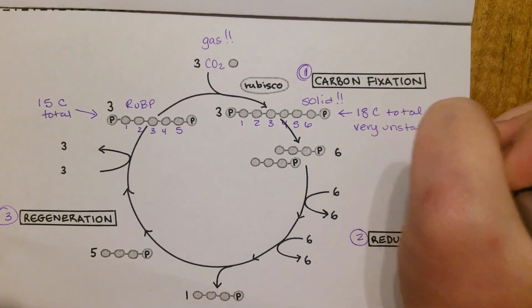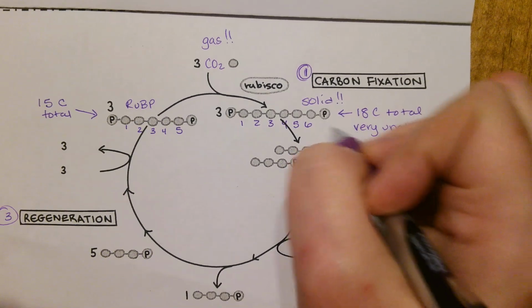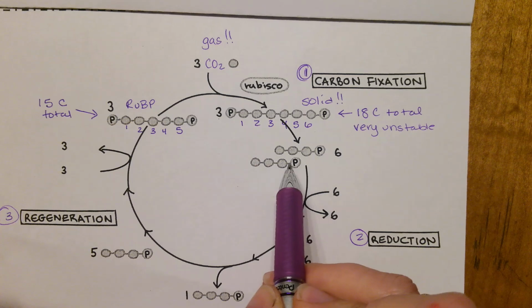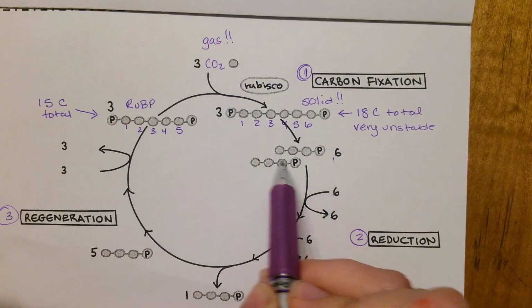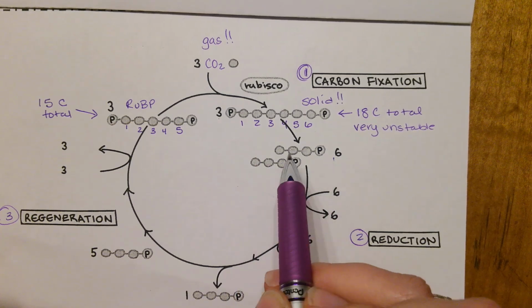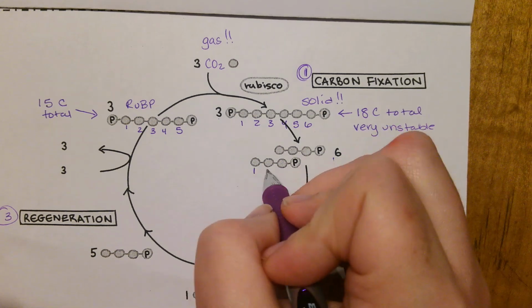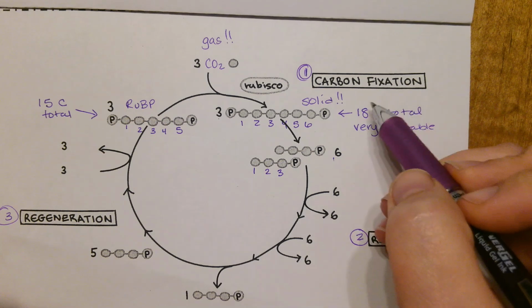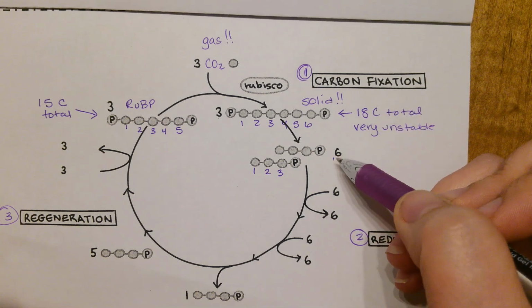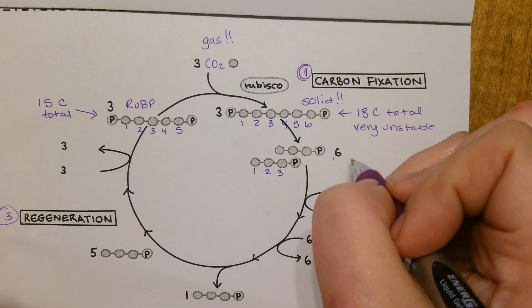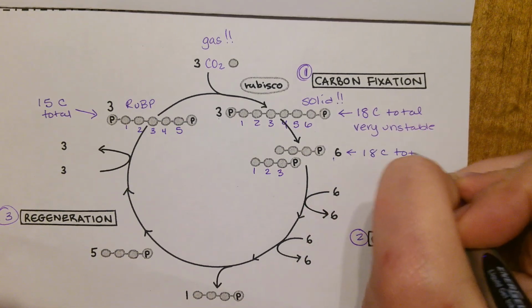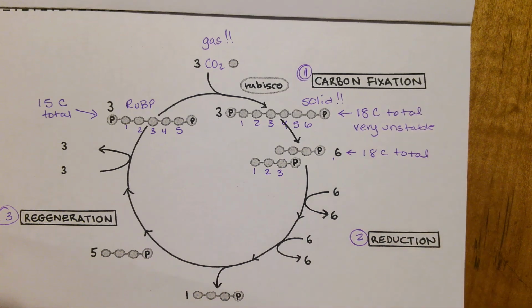So very quickly, he is going to go from these 3 6-carbon guys into 6 3-carbon guys. It's not quite as easy as just splitting in half, although that's what it looks like, right? But do we still have 18 carbons? Well, if we've got 6 groups of 3, yes, we're still going to have 18 carbons total. So it's really important that we do our carbon math.